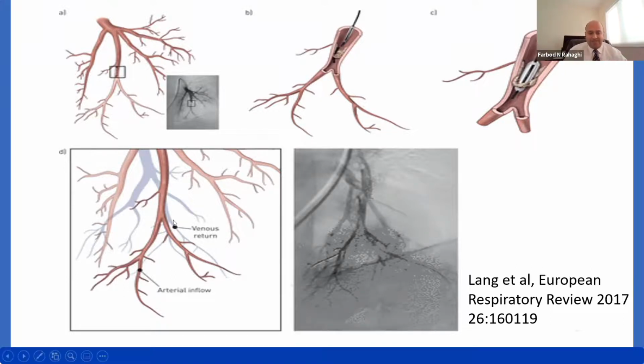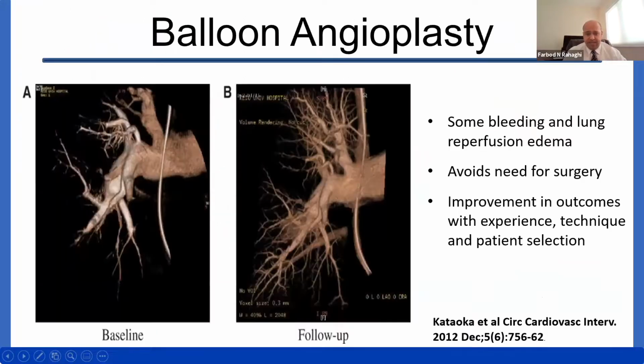What you end up seeing is that the venous return when you inject contrast improves. This is a reconstruction example of a patient treated with a balloon angioplasty, of course, in multiple sites along this tree. This is the tree before treatment, and this is the tree after treatment. You can see that the contrast is now filling and flowing much more freely.